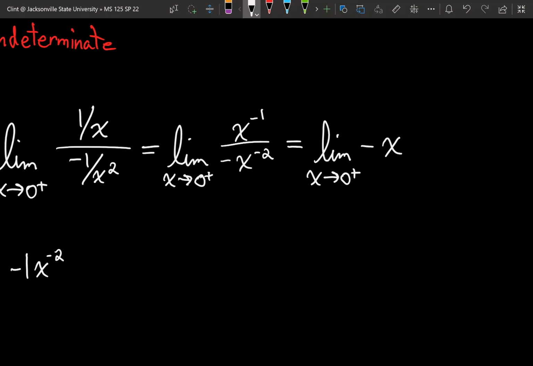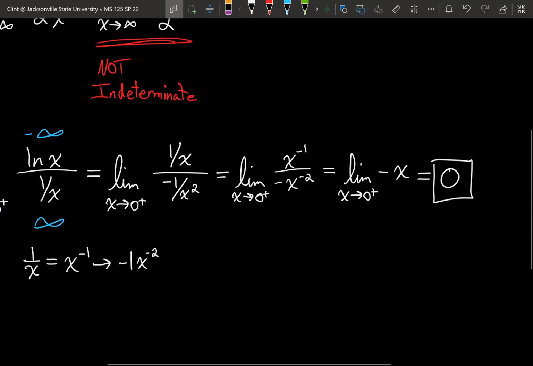Now what's our limit? Use direct substitution. -0, which is 0. Yeah, -0 is 0. So a little work on that one.